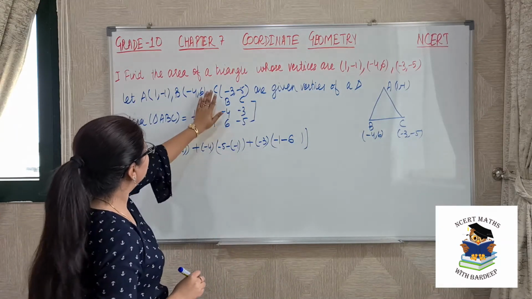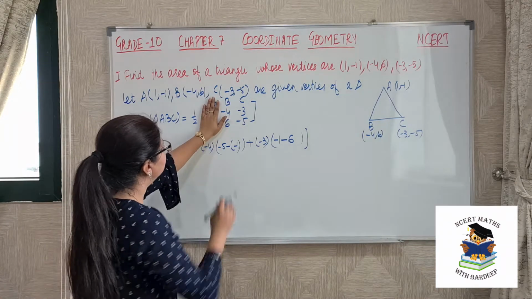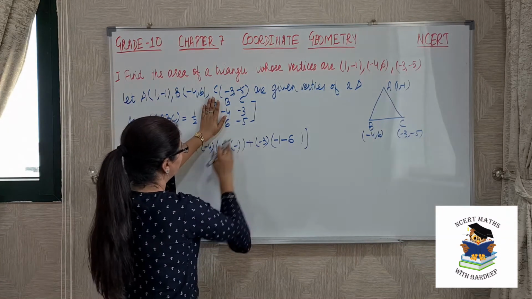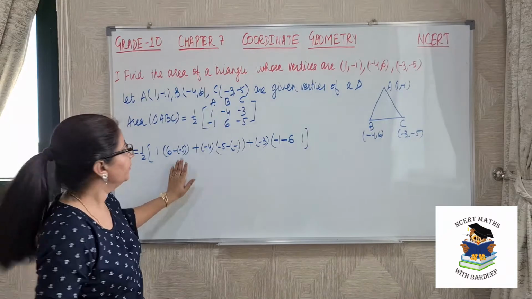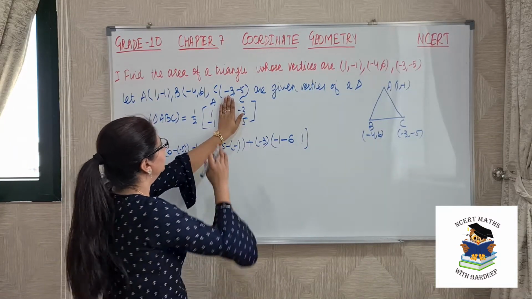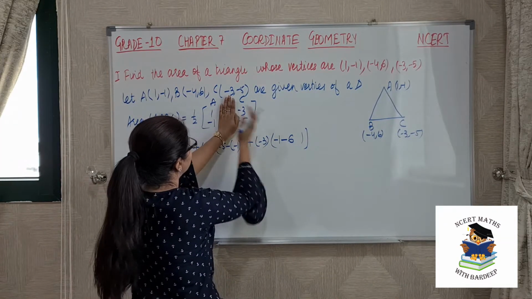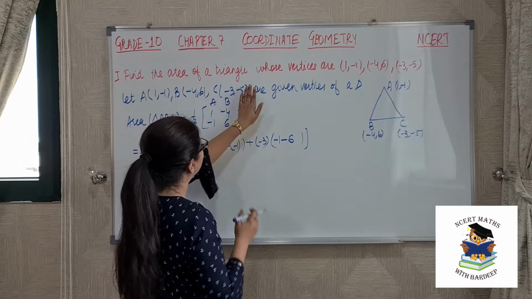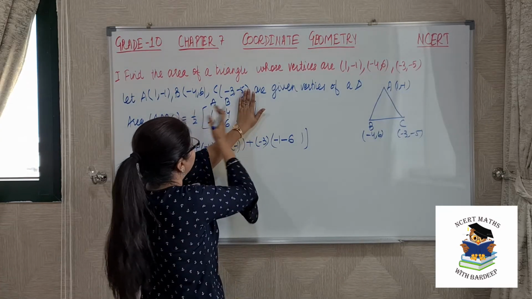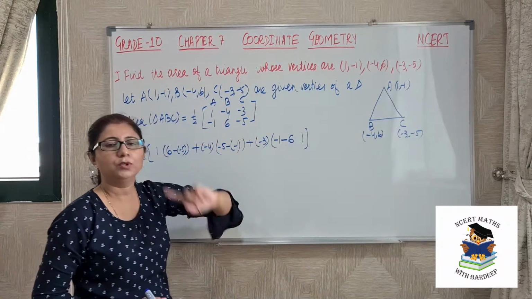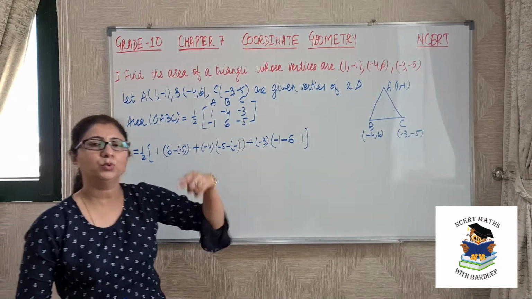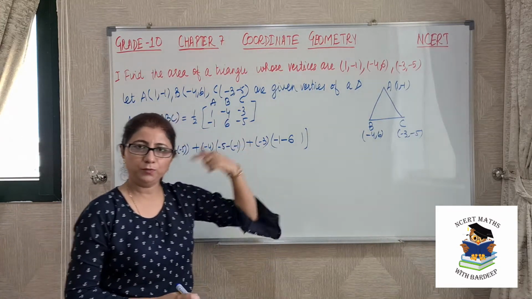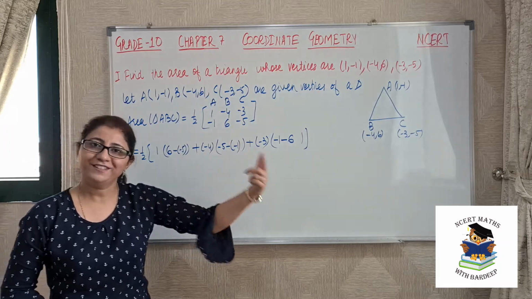Clear? I repeat, I have put my hand here, then difference of these two y coordinates I have written here. For second thing, difference of these two coordinates, okay, and for C, difference of these two coordinates. So order should be always 1, 2, 3, then 2, 3, 1 and then 3, 1, 2.